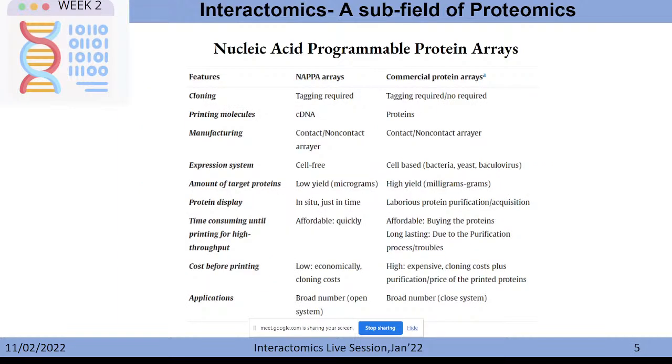So here, what are the features? NAPA's different features are here: in cloning, NAPA tagging is required. Why is tagging required? Because you want your protein to be placed into a particular spot after your expression.